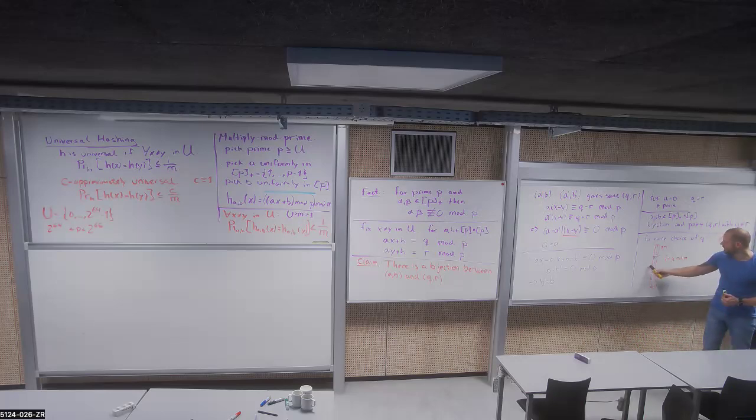There is at most one in every bucket except the last one. Every bucket has one except the last; maybe the last one has one, maybe it doesn't. Does that make sense? Also, we're only looking at pairs where Q is not equal to R. So how many choices of R cause a collision?